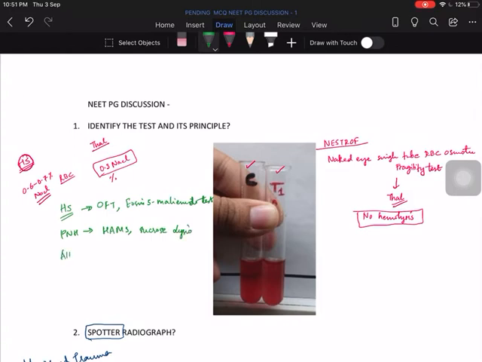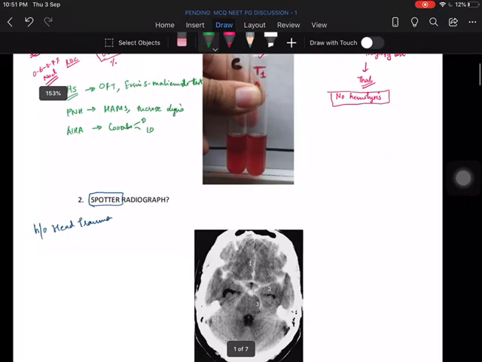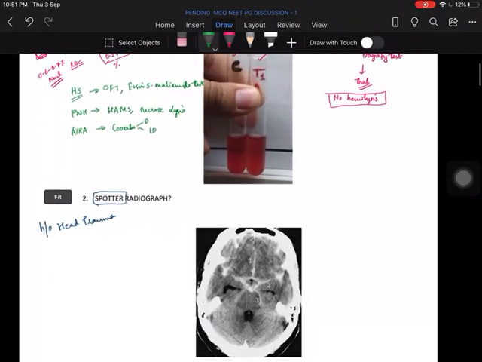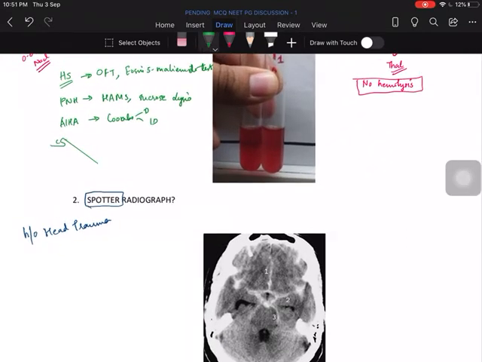For autoimmune hemolytic anemia we do Coombs test, direct and indirect. And for sickle cell anemia we perform screening tests like the sodium metabisulfite test.